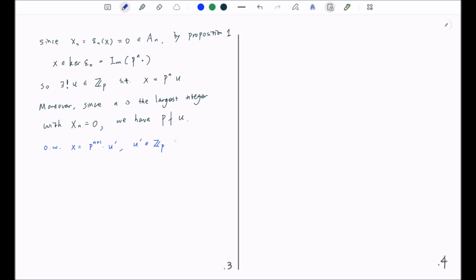And this will imply that x_(n+1) is equal to 0 in A_(n+1), contradicting the maximality of n. So p cannot divide u.